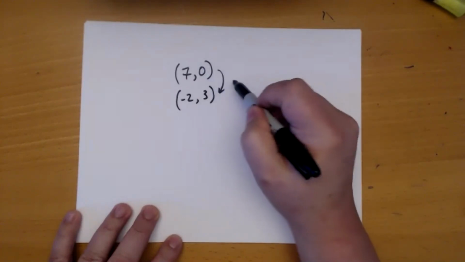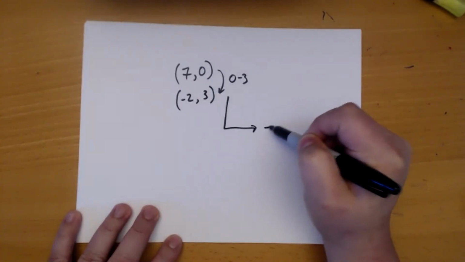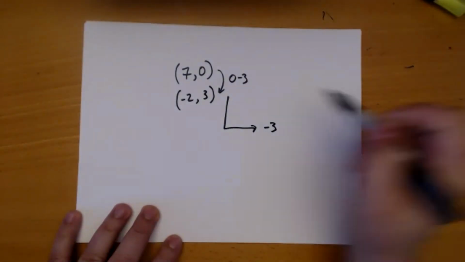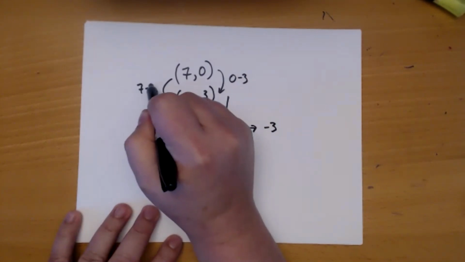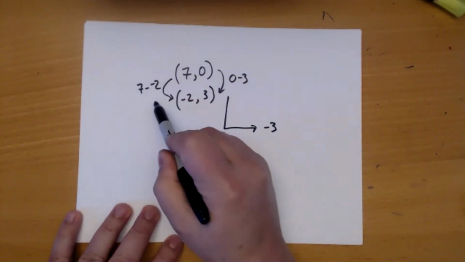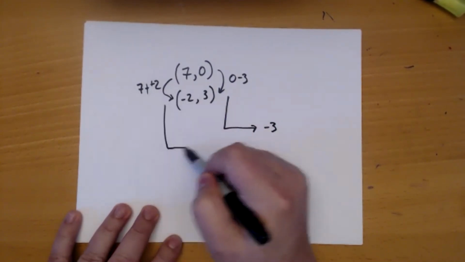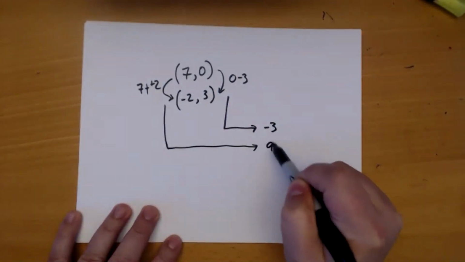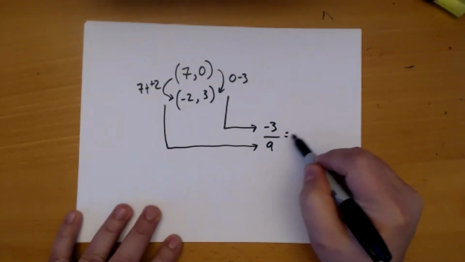So 0 minus 3 is -3. 7 minus -2. Remember, the two negatives cancel and makes 9. And then we just reduce the fraction.